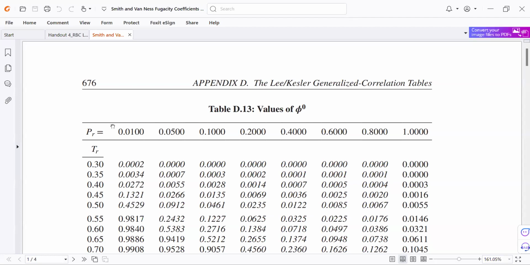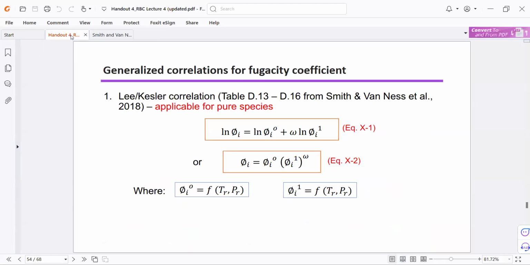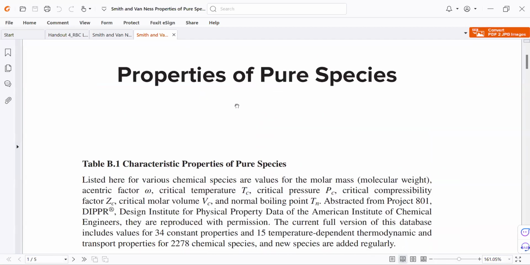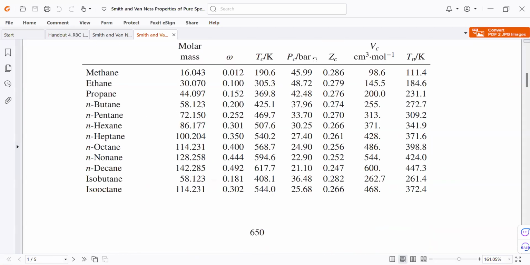So again, how will you get the reduced pressure and temperature? Just divide the given pressure and temperature by the critical pressure and temperature, and the critical values you get from Appendix B, which is this one, by pure species. So for each species, you can get the critical temperature and pressure, and also the eccentric factor.